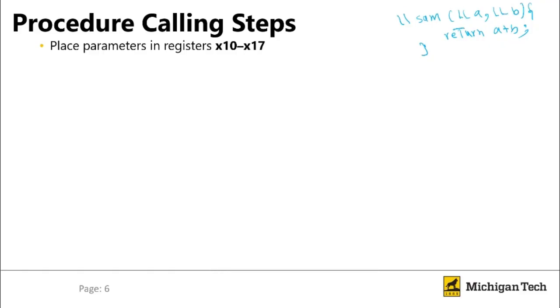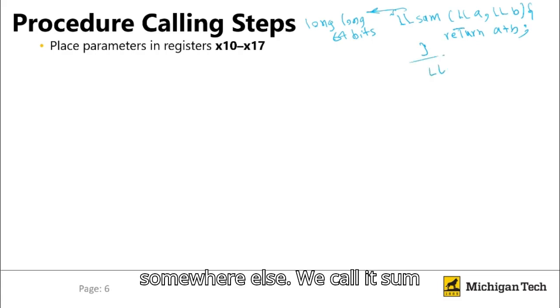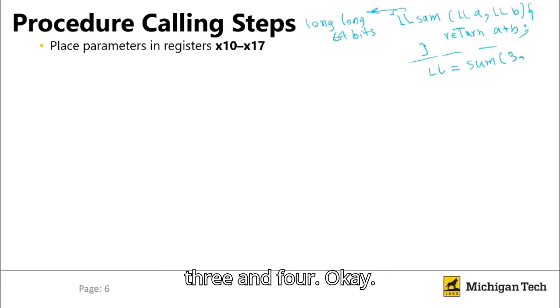Long means 64 bits. We are using long as the data type for this C code, and we want to call it somewhere else. We call it sum 3 and 4.